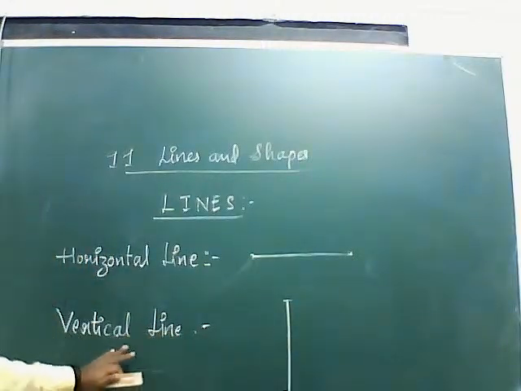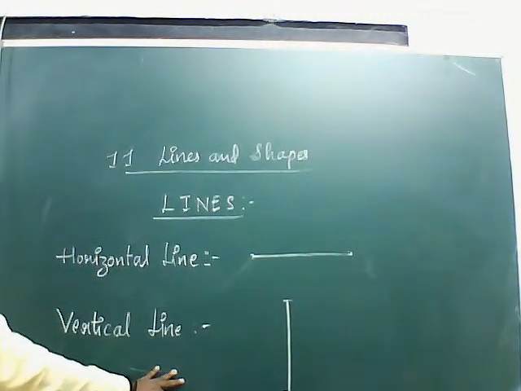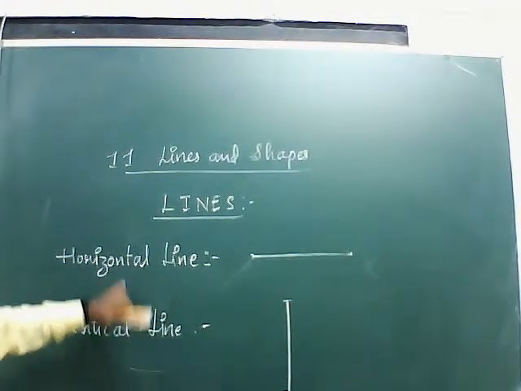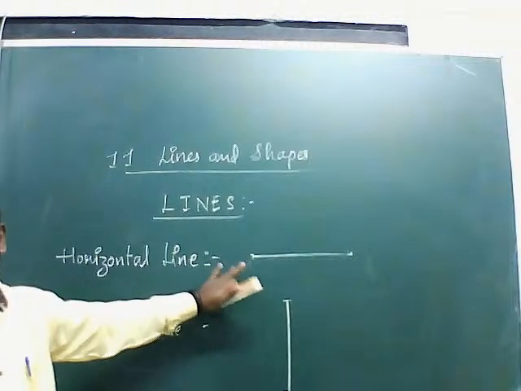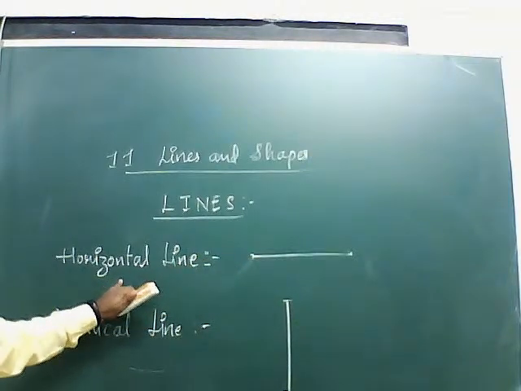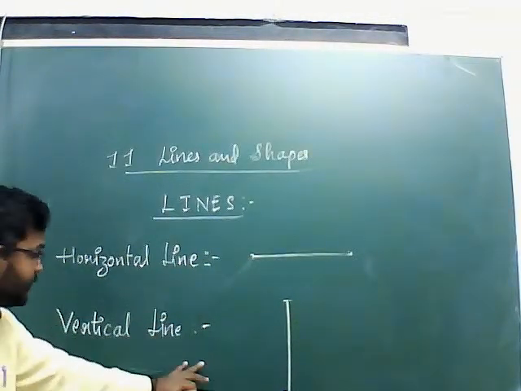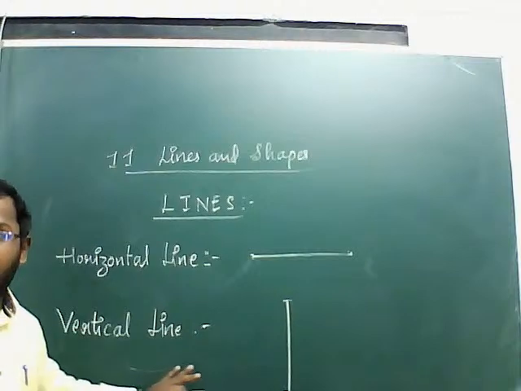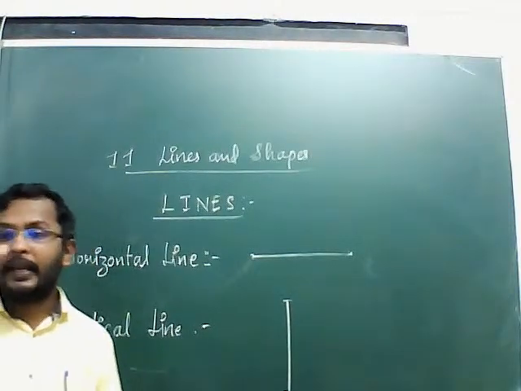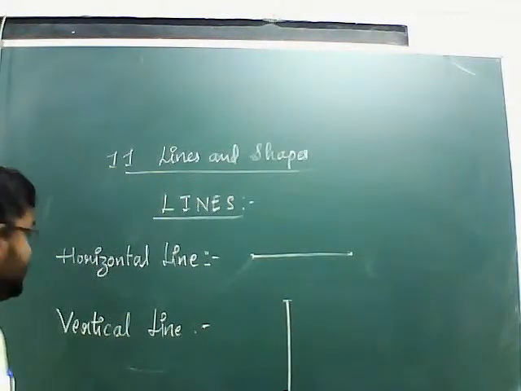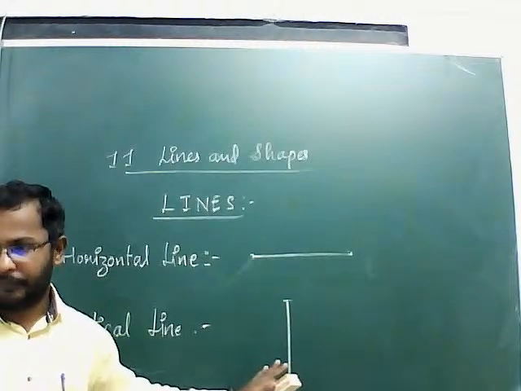Standing line will be the vertical lines. Okay. So next, all of you understand this too. Sleeping lines are called as horizontal lines. And next, we are having vertical line. Vertical line is all the standing lines are called as vertical lines.